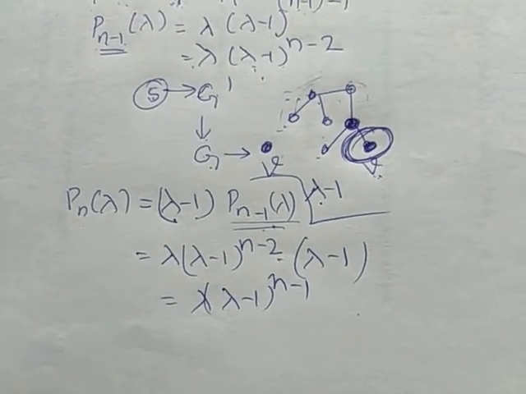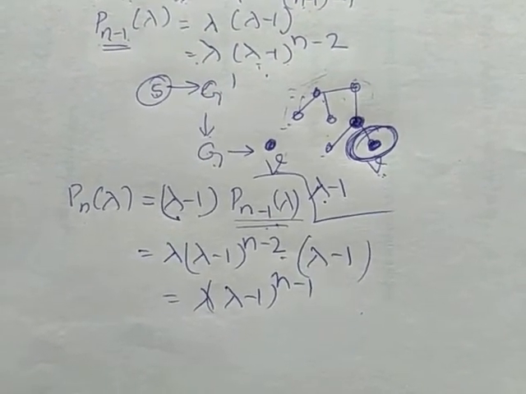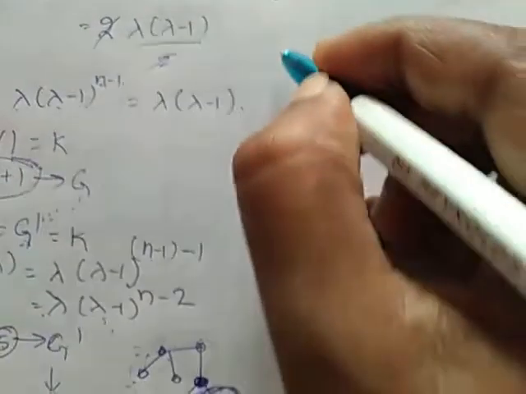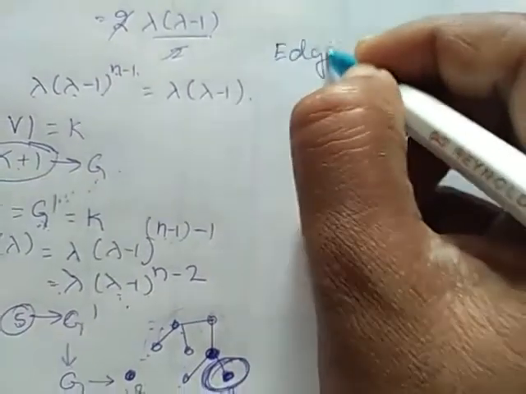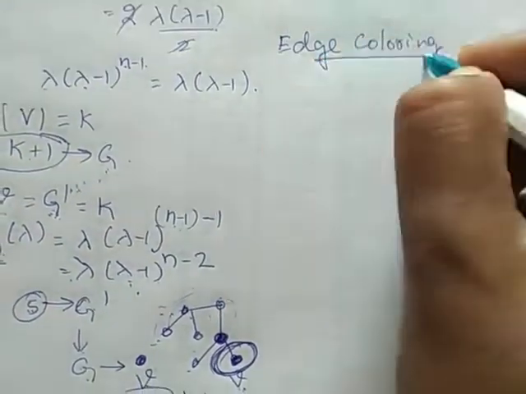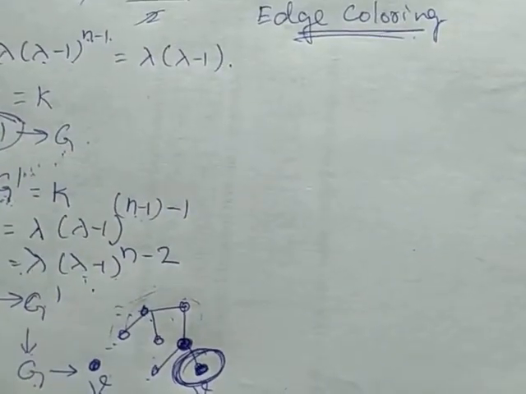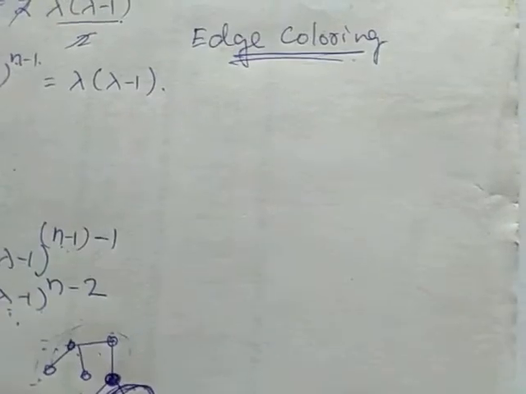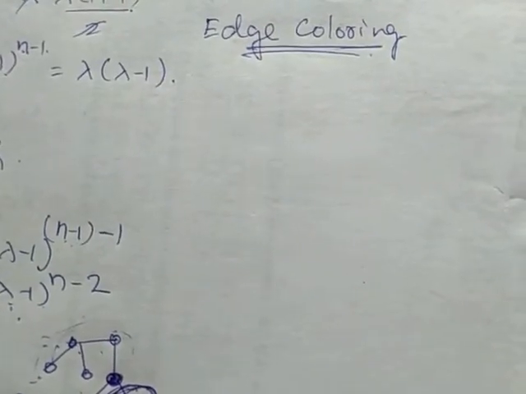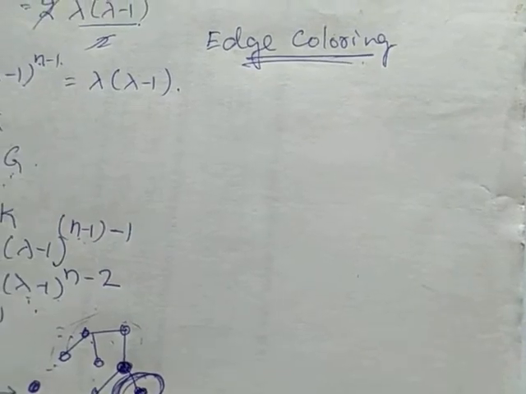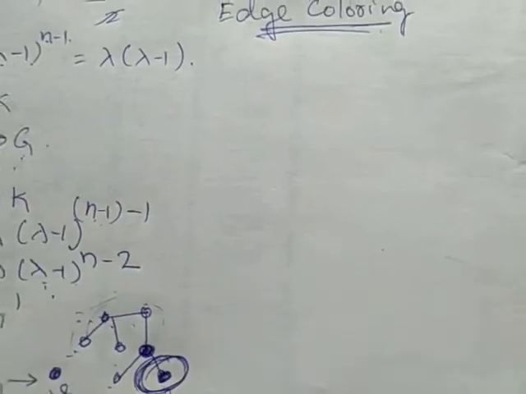So at last we are going to study what is edge coloring. Already we saw what is vertex coloring. So it is the same as vertex coloring. In a graph, we are going to color the edges, or we are going to choose colors for the edges in such a way that adjacent edges should not share the same color.